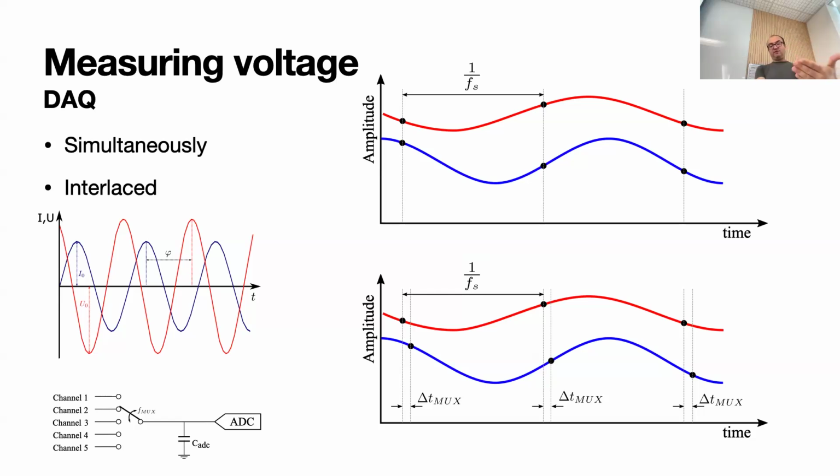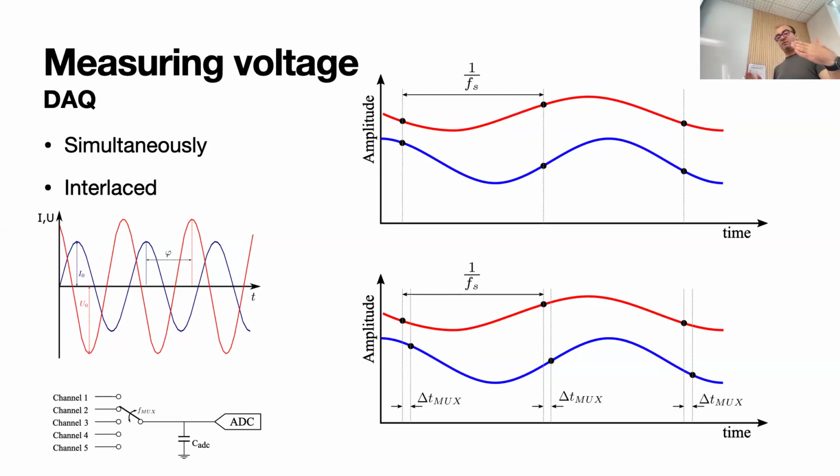If you open a data sheet and it says simultaneous sampling or interlaced sampling, it might not be obvious what this means. This is quite important for high frequencies. We usually measure at least two signals, voltage and current. In the case in Dijon, please correct me, it is a 20-cell stack? Yeah, 20.